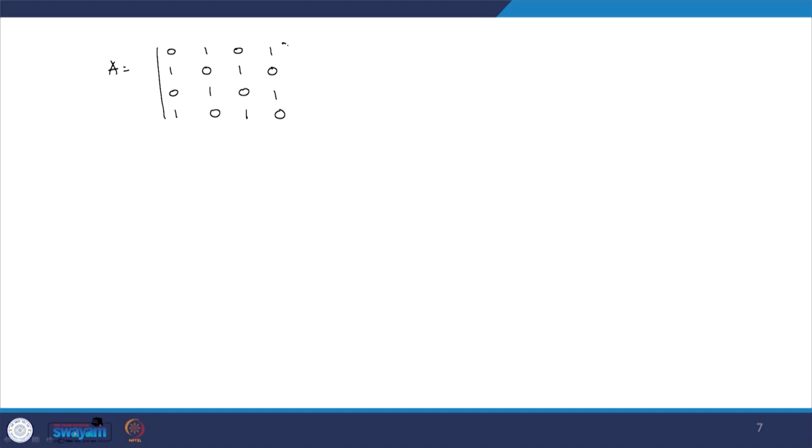So, A square will be this into again 0 1 0 1, 1 0 1 0, 0 1 0 1, and 1 0 1 0, please. If you multiply these two matrices, I will have what? This will have basically.